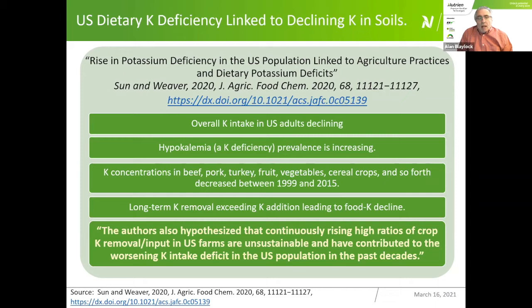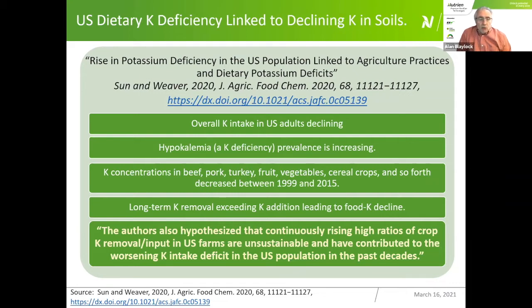Along with that, the potassium concentrations in a number of major food groups, most notably beef, pork, turkey, fruit, vegetables, some of the cereal crops, and others, have decreased from 1999 to 2015. So they're tying all of these things together.